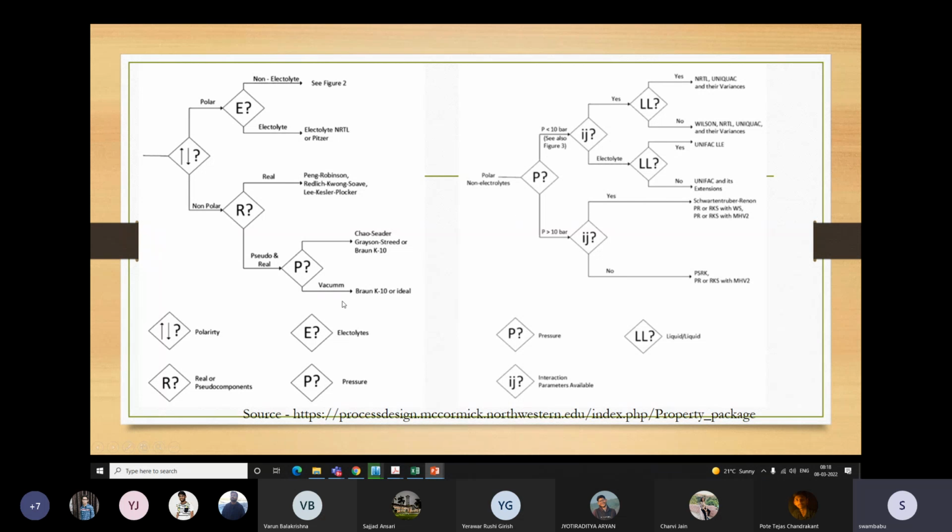We also need to understand real components versus pseudo components. These are the real components: ethane, propane, butane. So which one to be used? Now we have two options. So which one will we use? What property package should be used?